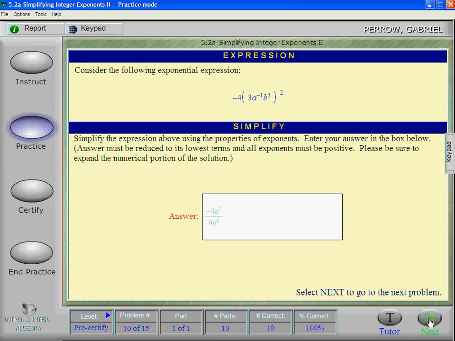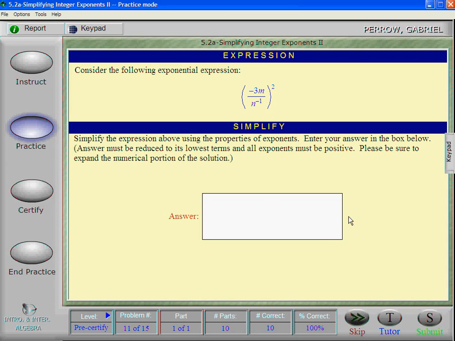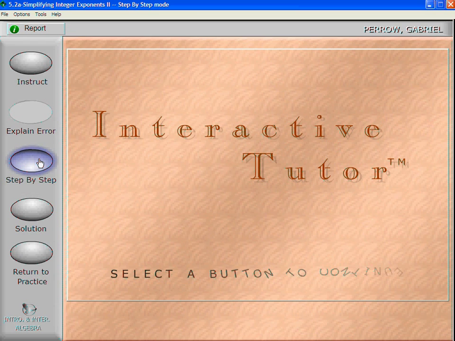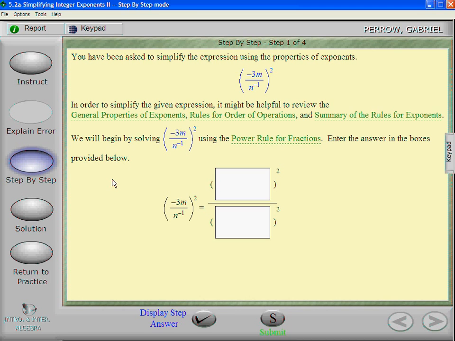Alright, so we're cruising along. We just did number 10 of 15. This is number 11 of 15. Doing the steps out on this, we could talk it through. Let's keep going with the tutor mode. It's not a bad idea. So we got, in parentheses, negative 3 times m over n to the negative first power, and that's all being squared outside the parentheses.